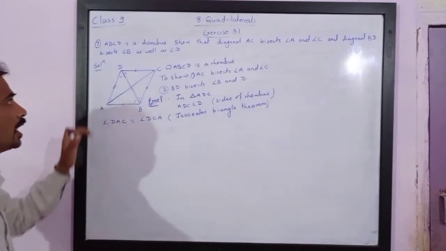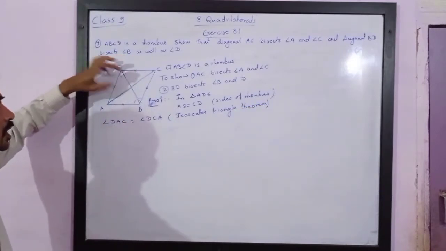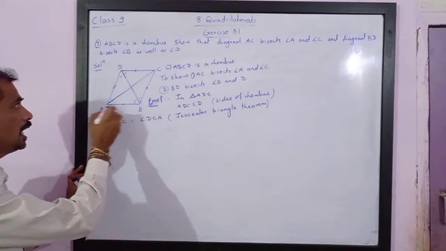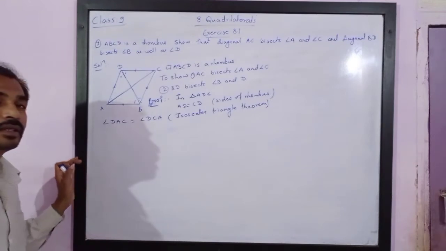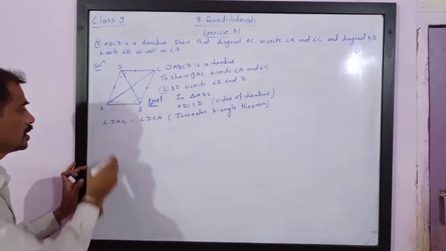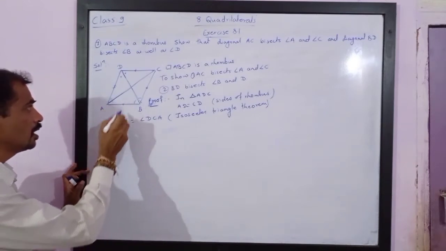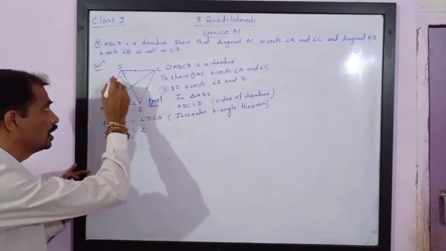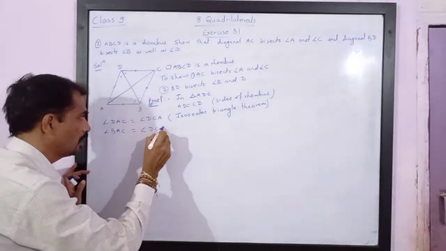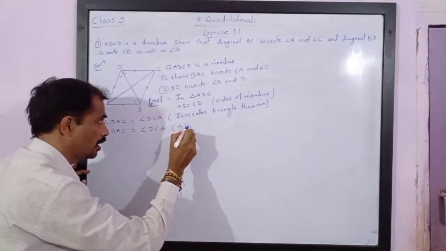So we have got two angles congruent. Now see, BAC and DCA are alternate angles. Angle BAC equals angle DCA. Reason is they are alternate angles.